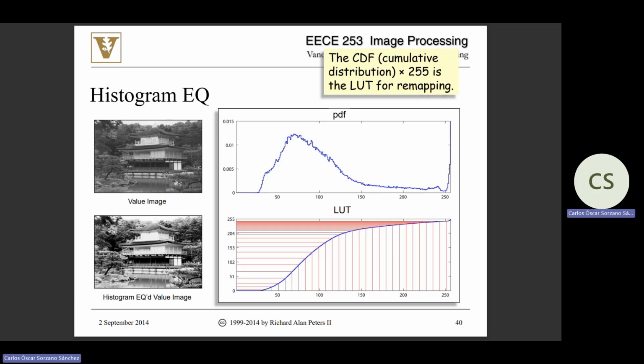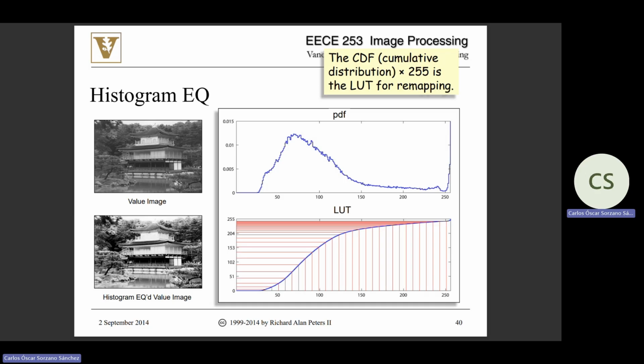And the reasoning is, okay, if you have a lot of pixels in this area, try to stretch the contrast so that you separate the values and you see them better. We have very few pixels here compared to this one. So if you have very few pixels there, you are sacrificing contrast where there are very few pixels.